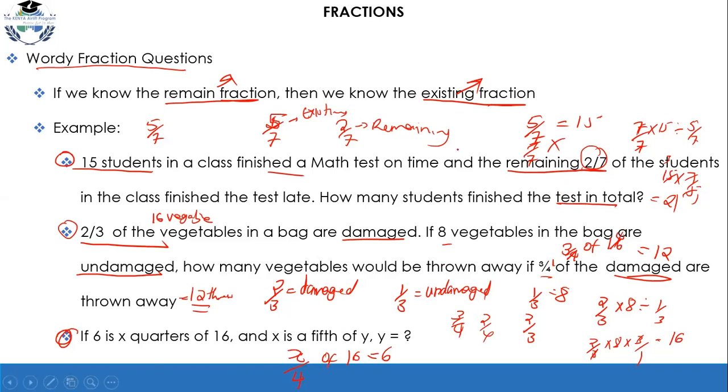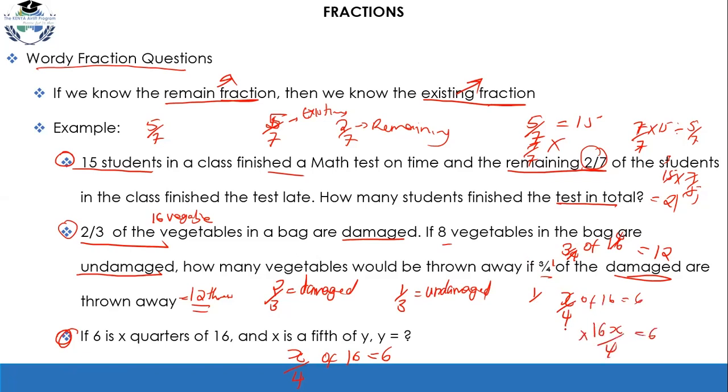So x quarters of 16 is equal to 6. So this is basically 16x/4 is equal to 6.